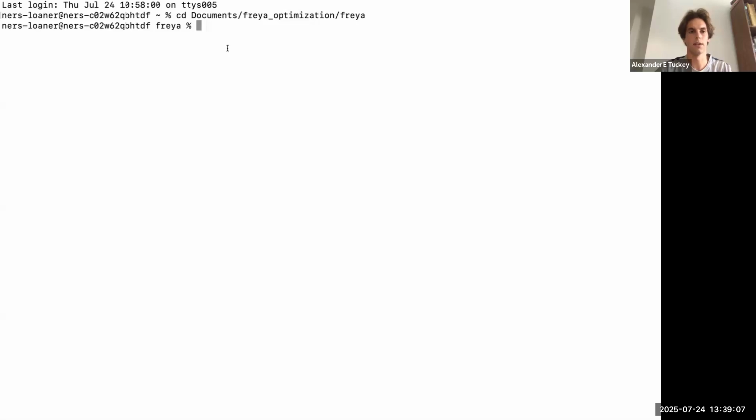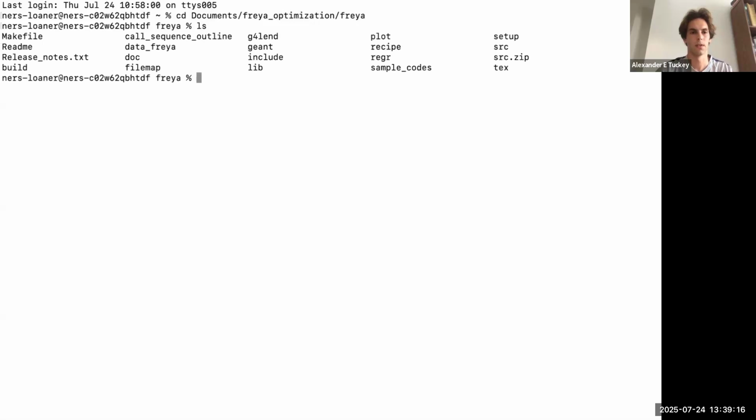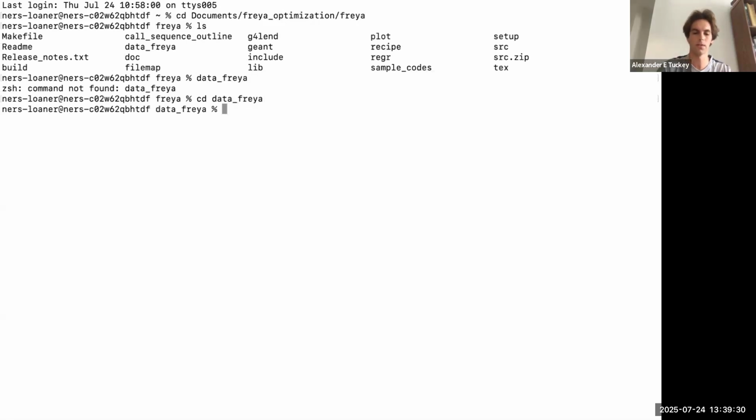So I'll first show you where these Freya parameters I've been talking about are specified. There's a directory called data Freya, which houses, as you might imagine, all the data that Freya draws from, including the input parameters. Those are located in this input parameters.dat file.